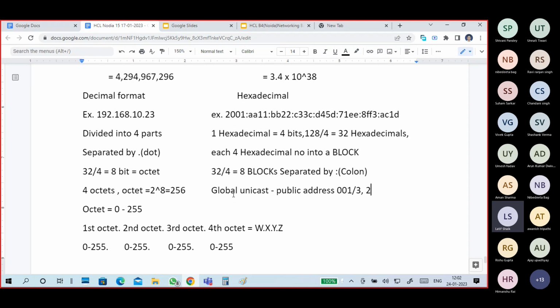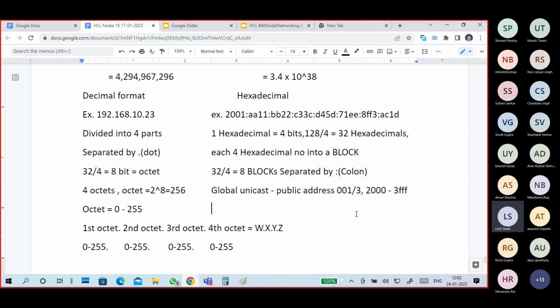Try to understand: any IP address starting with 001 in this complete range comes under global unicast. Starting address is 2000 to 3FFF. This is the global unicast address.